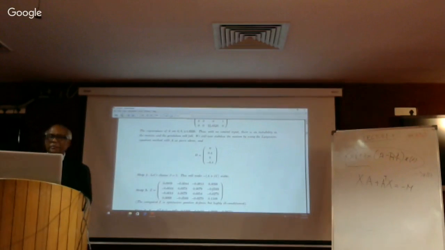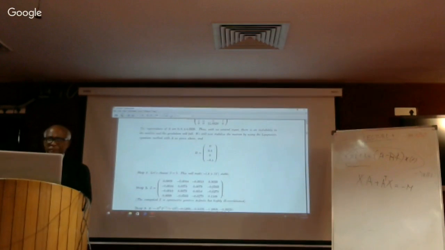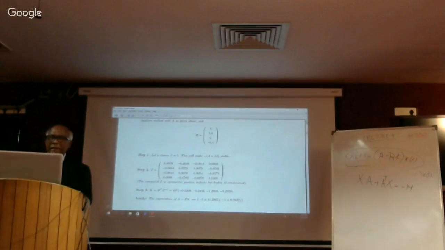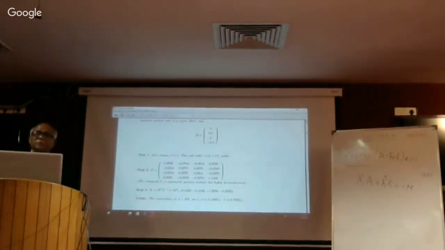This Z is symmetric positive definite. And then compute matrix K as B transpose Z inverse. So this is your K. And A minus BK, you can see, is stable. The original A was not stable, but we have computed K using the Lyapunov matrix equation in such a way that A minus BK is stable. It's a very simple algorithm, right?